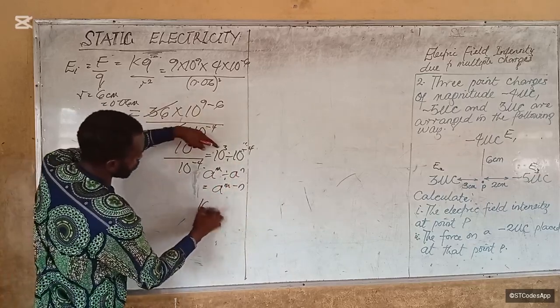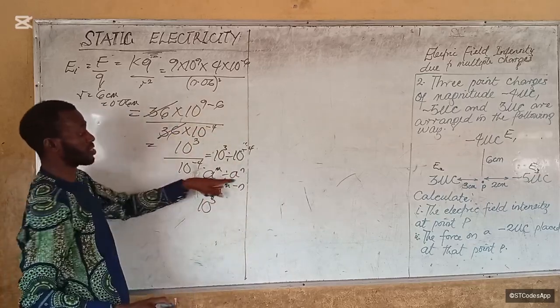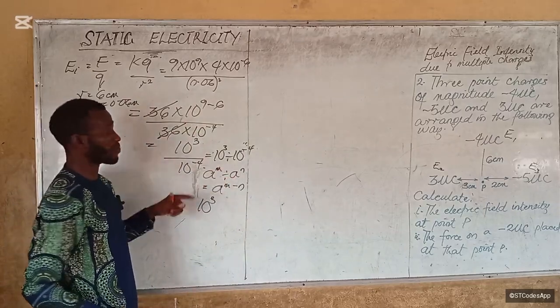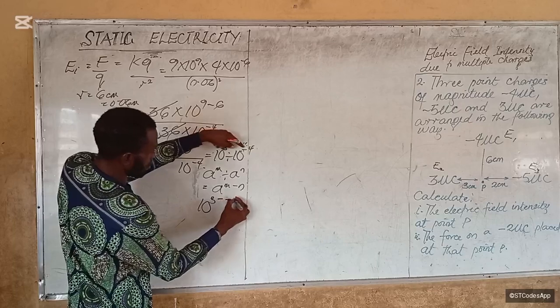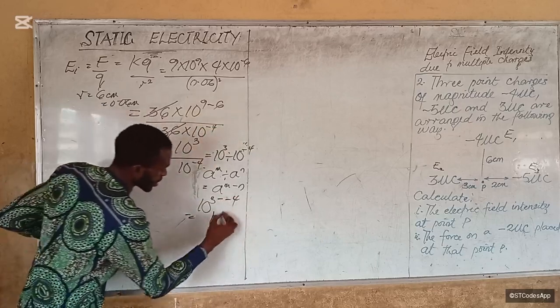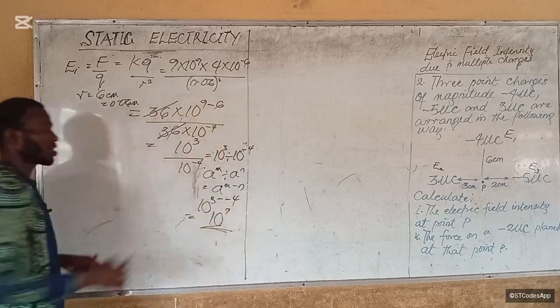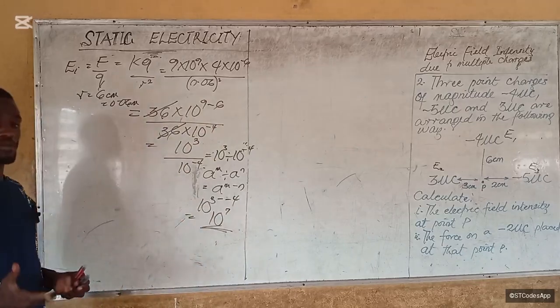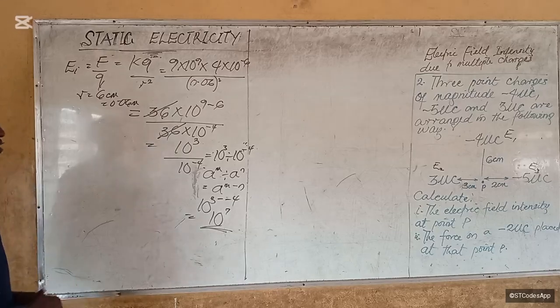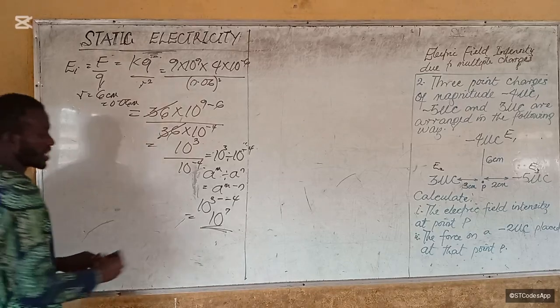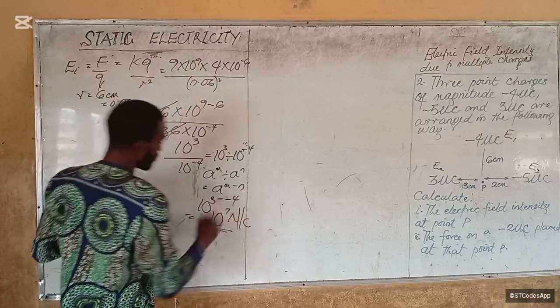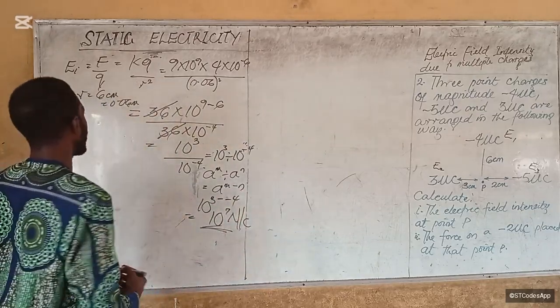So we have subtraction of these powers. Is that okay? Minus minus becomes plus, so that is 10 raised to power 3 plus 4, which is 7. Now, the unit is Newton per Coulomb, or you say 1 times 10 raised to power 7 Newton per Coulomb.